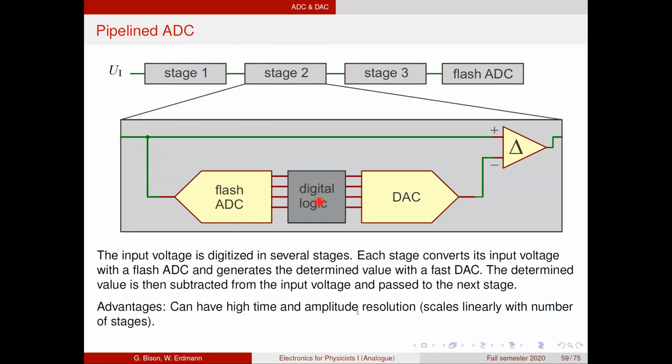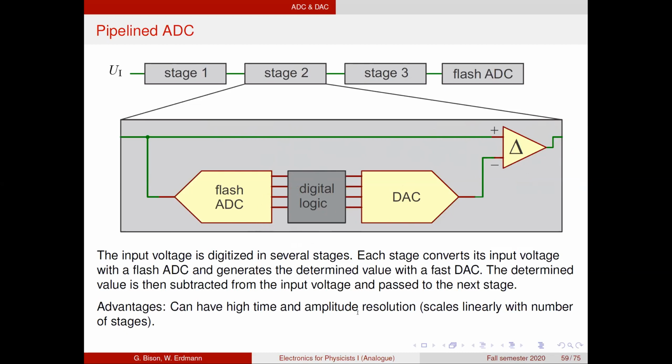Then directly a DAC generates the analog representation of the digital value, and this is subtracted from the input signal. Then this goes to the next stage. You can imagine that there is a gain factor in this amplifier, so that the next stage can in principle look exactly the same as this one.